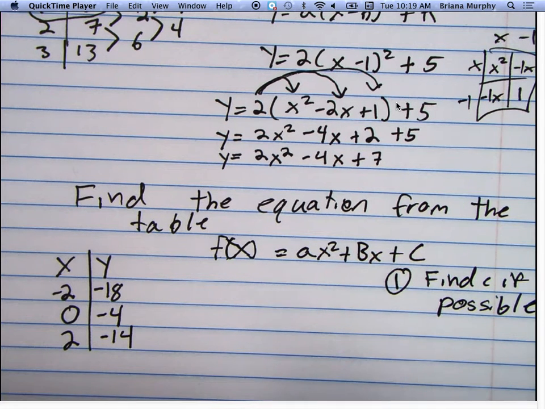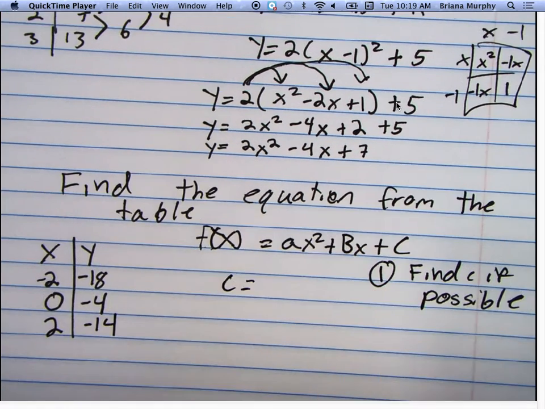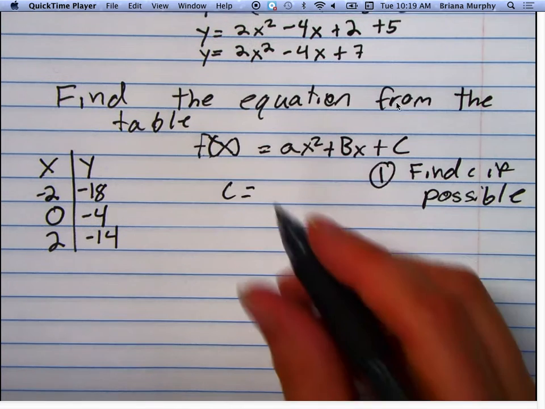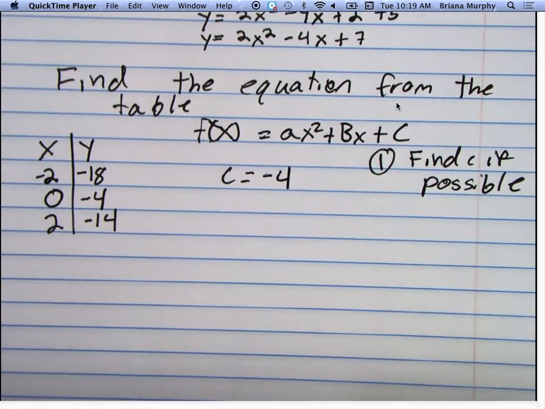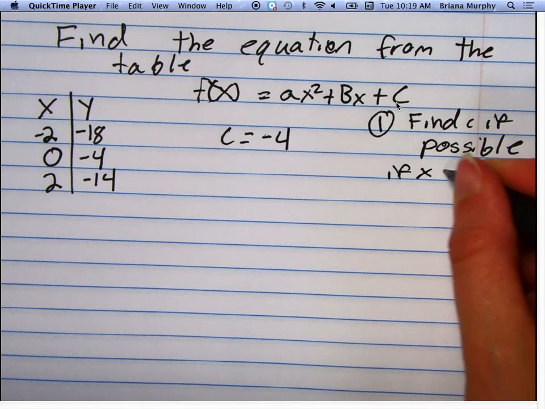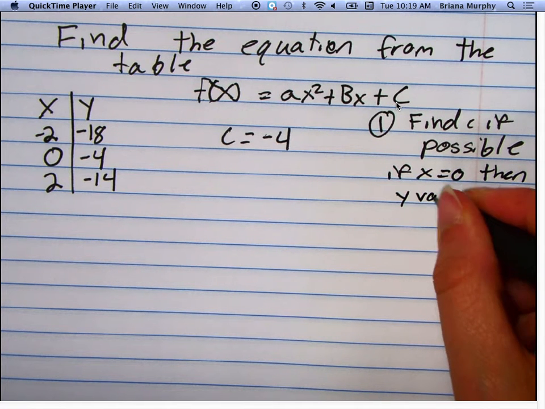It's not always. And in this case, my c is -4. I'm moving it up. Are we okay? Everybody's on to the second one? So I've got c. That was pretty simple. If x is 0, then the y value is c.